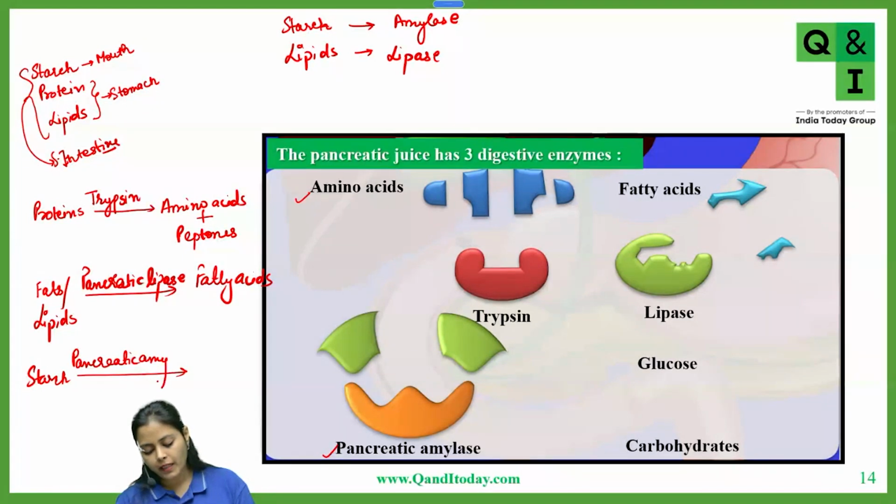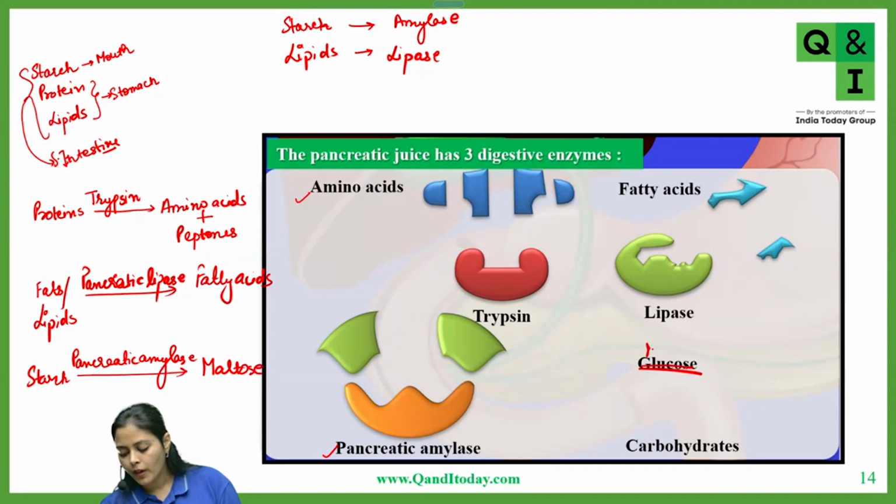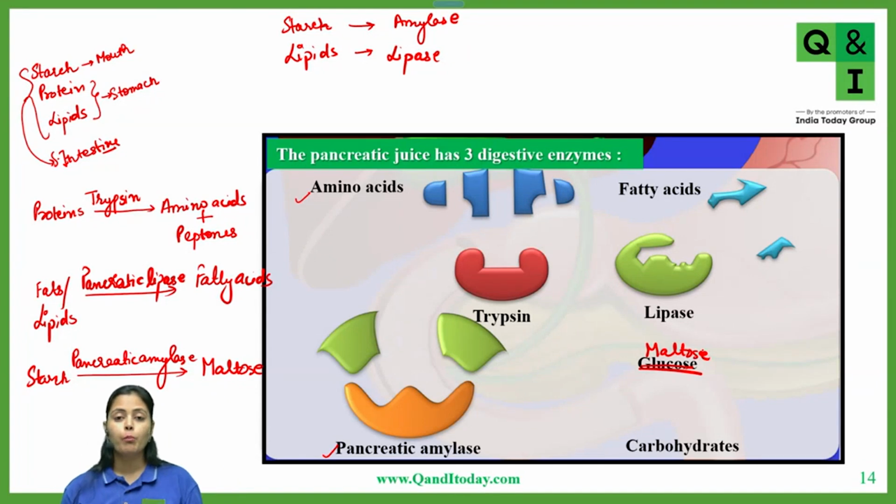It is converting it into maltose. Rather than glucose, write it as maltose only. So now you can see that some digestion of peptones is left and digestion of maltose is left.